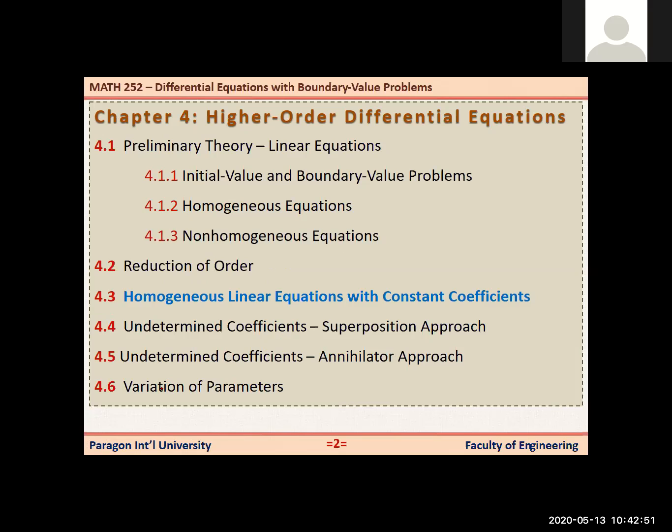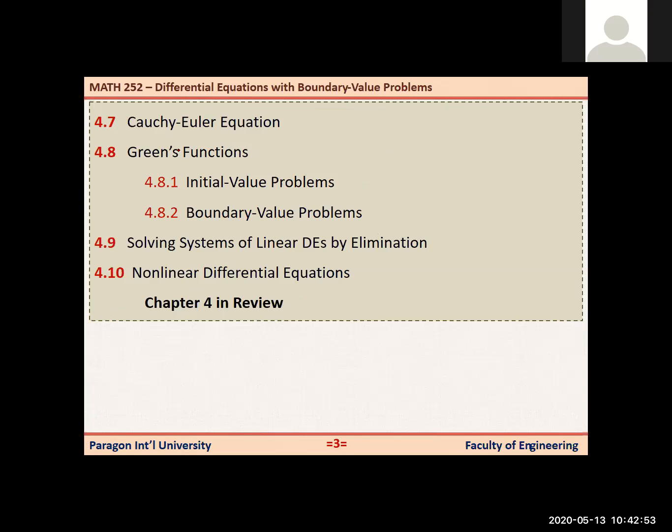We will study this, a very important one. 4.7, Cauchy-Euler equation. And 4.8, again, we will skip Green's function. It's also important, but we are not going to study it in this course because we don't have much time. And 4.9, solving systems of linear differential equations by elimination, and non-linear differential equations.